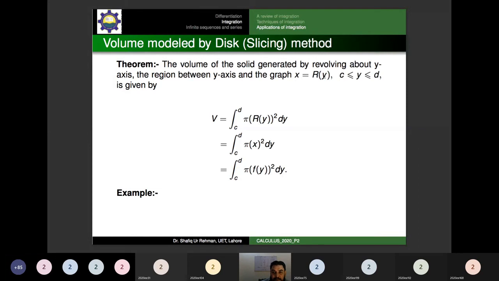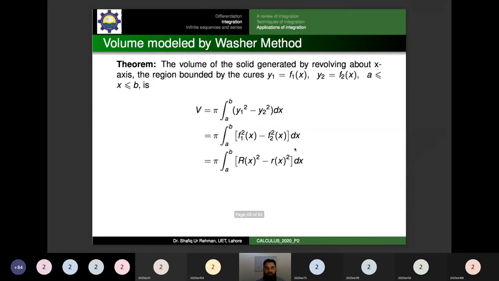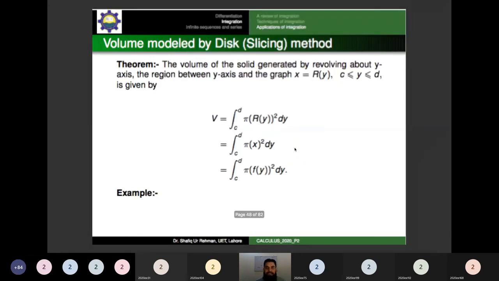What is x? It is a function of y, and it is going to be the radius, capital R. So all you need is to integrate this expression, pi x square or pi f of y square, because x will be given as a function of y. So these are the formulas to be taken into consideration for the disk method.